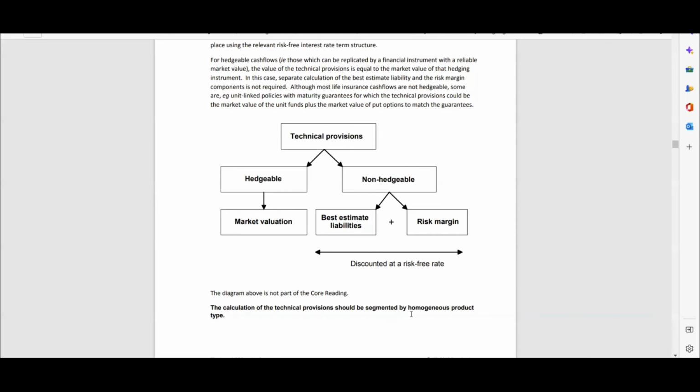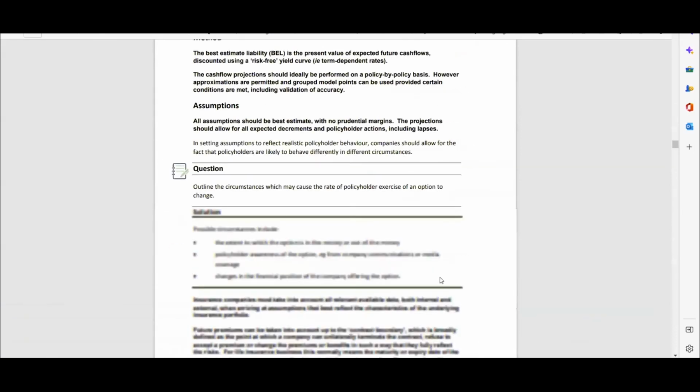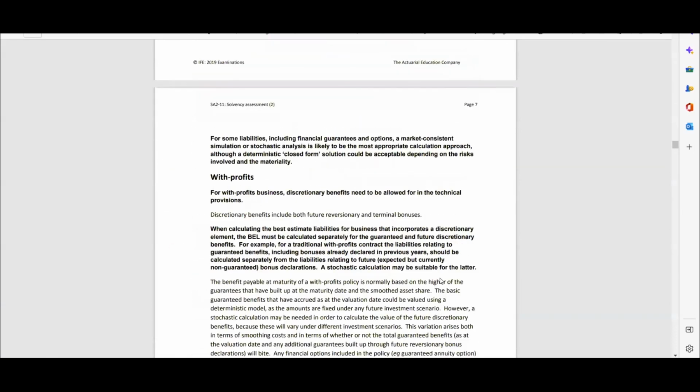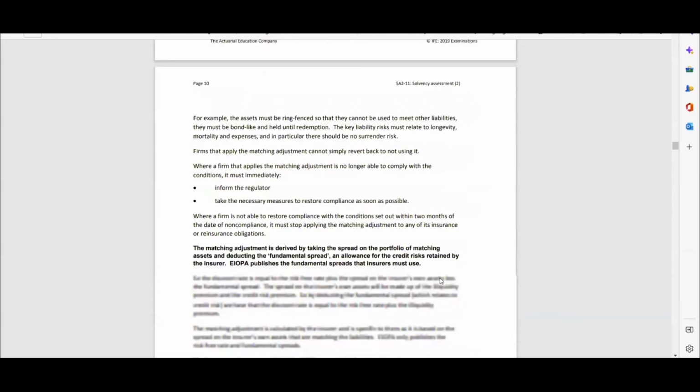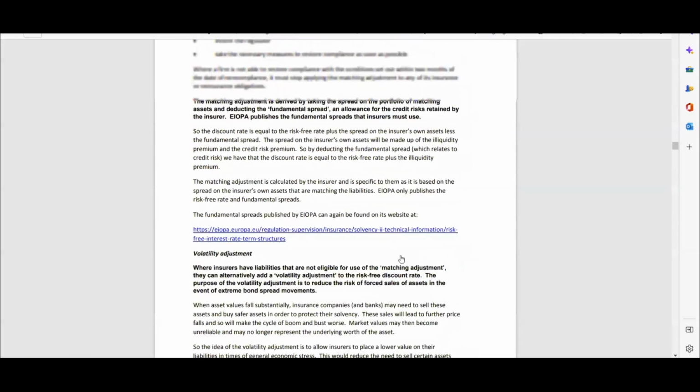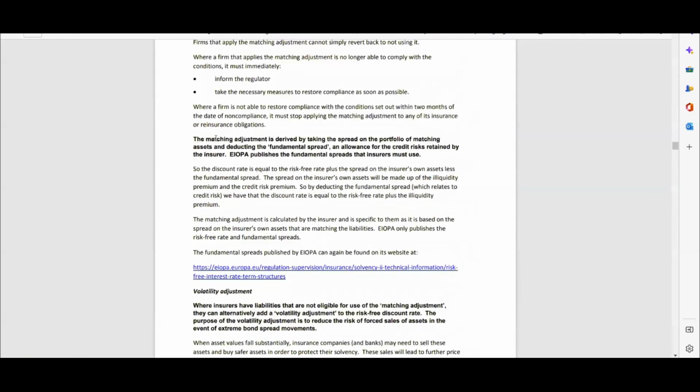However, there are a couple of adjustments that you can do, and that depends on the block of business. So for example, if you are selling annuity products, in an annuity product there is usually no surrender value, and because of that we can use the matching adjustment. Because there is no surrender for an annuity product, there is no partial payment that you have to make in between the term.